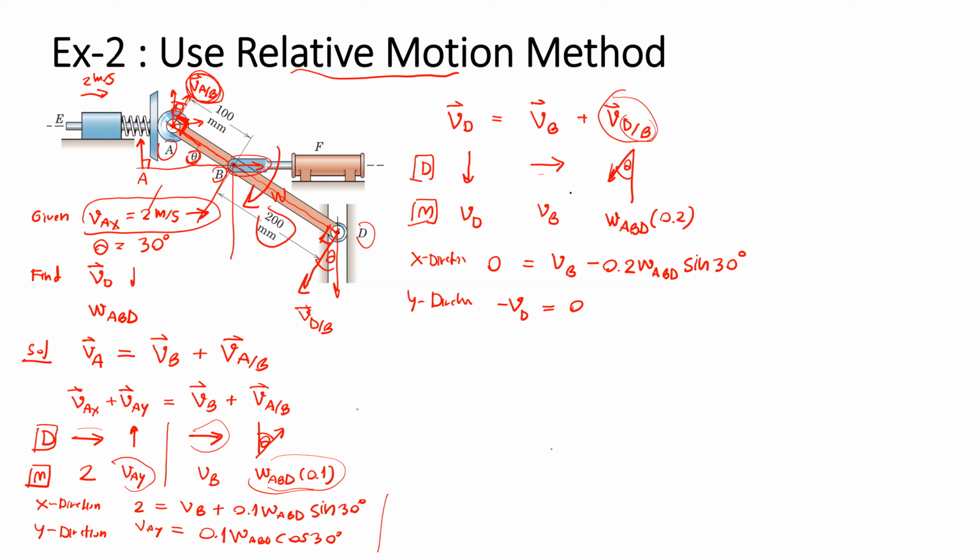We have 0 and we have minus 0.2 omega ABD cosine 30 degree. And how can we solve the equation? We need to solve this set of equations.